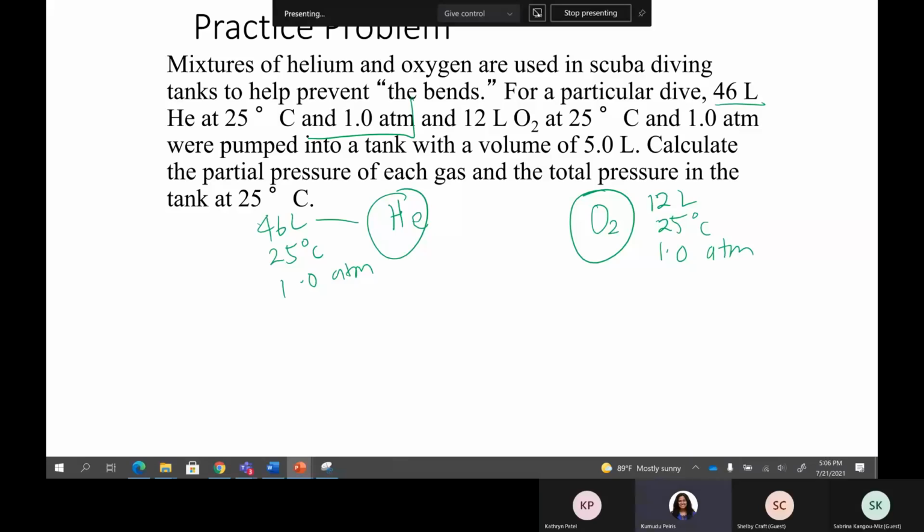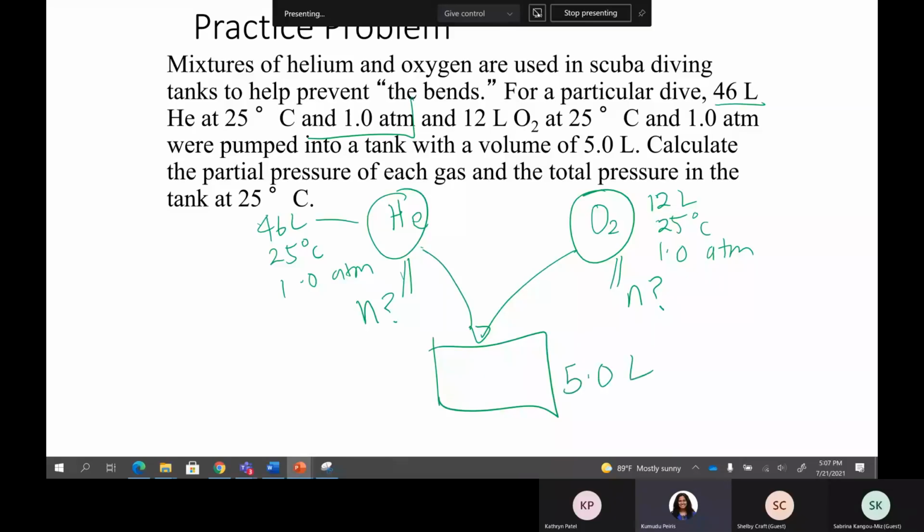Can I just say, calculate the total pressure by adding 1 atm plus 1 atm and give it as 2 atm? No, that is wrong, right? So I have to find the new pressure from each case. Both were pumped into a 5.0 liter tank, and both of these will be combined in a 5.0 liter tank.